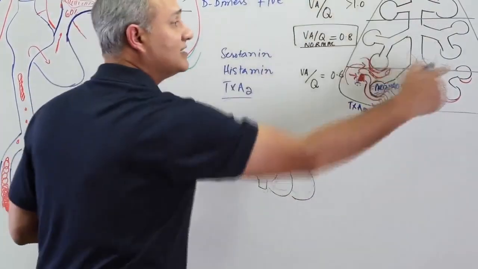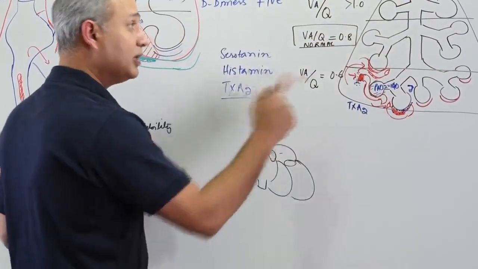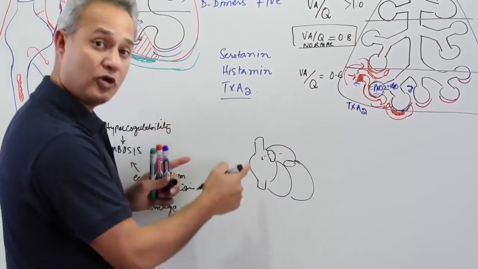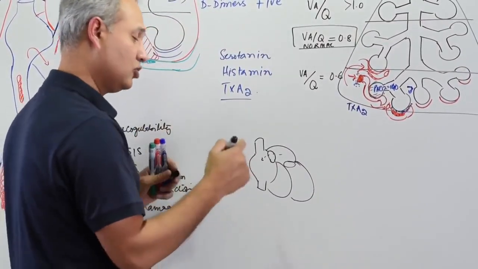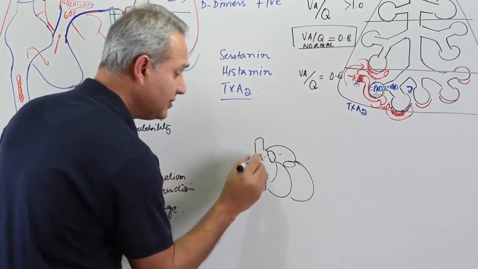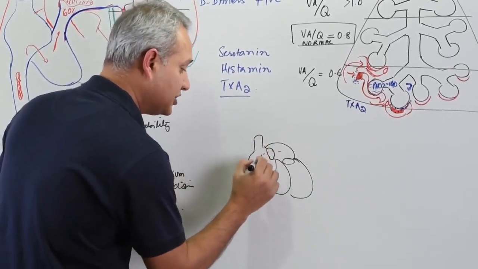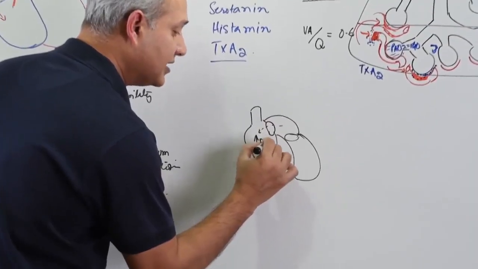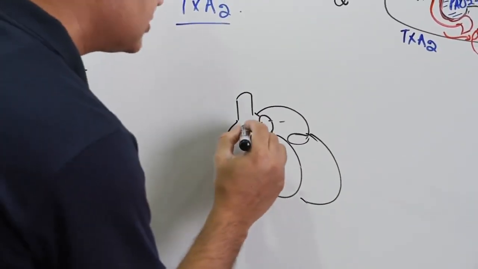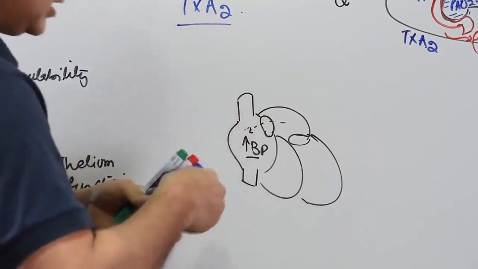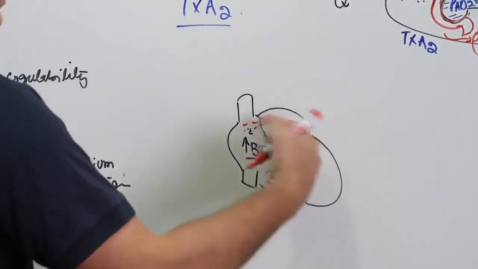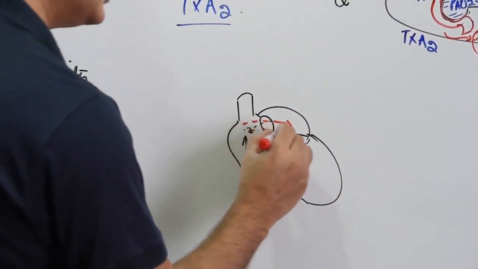However, in this situation, when pulmonary hypertension occurs, when chronic cor pulmonale occurs, the pressure on the right side sometimes increases enough that it starts reversing the shunt, and so blood, instead of shunting from left to right, is now going to be shunting from right to left.